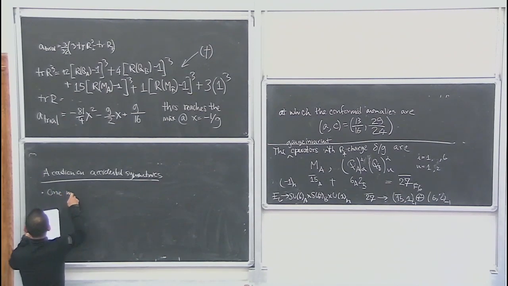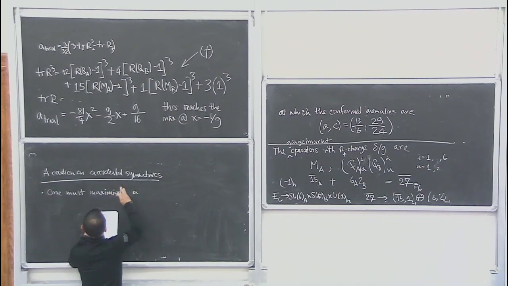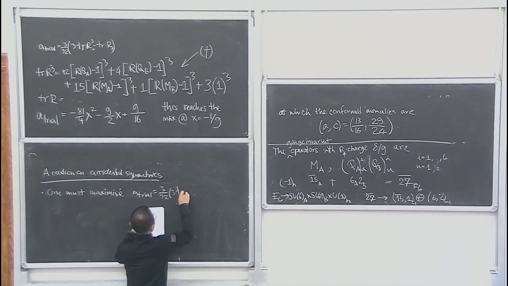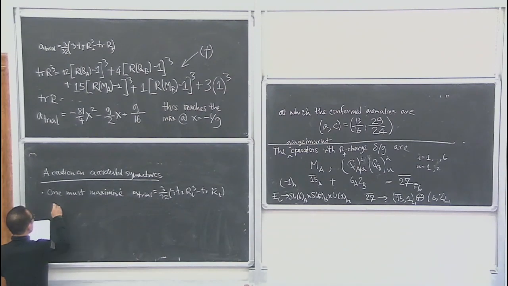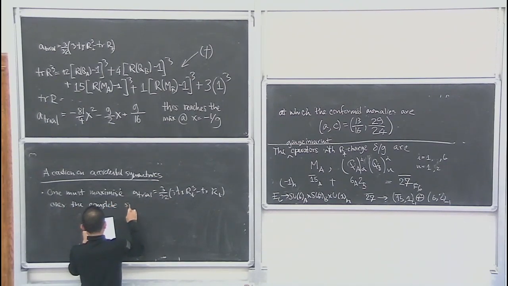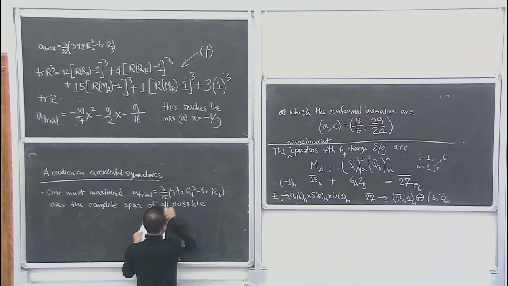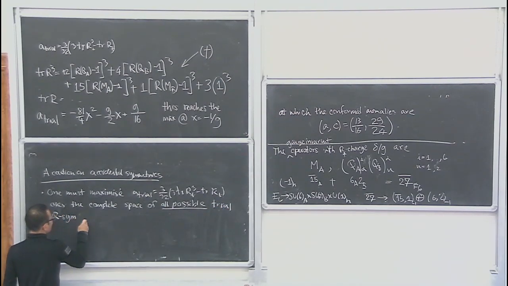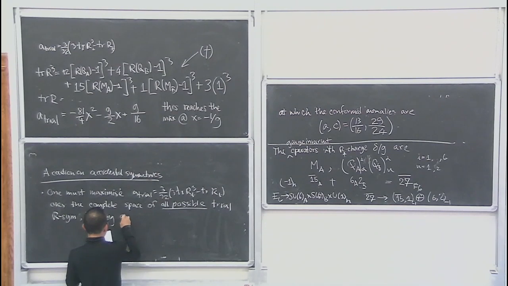one must maximize a trial a over the complete space of all possible trial symmetries, including all accidental symmetry.